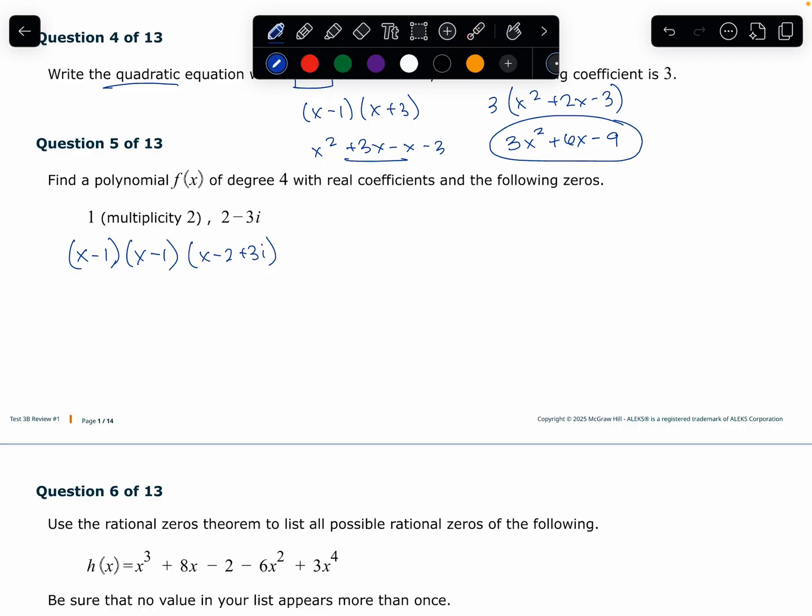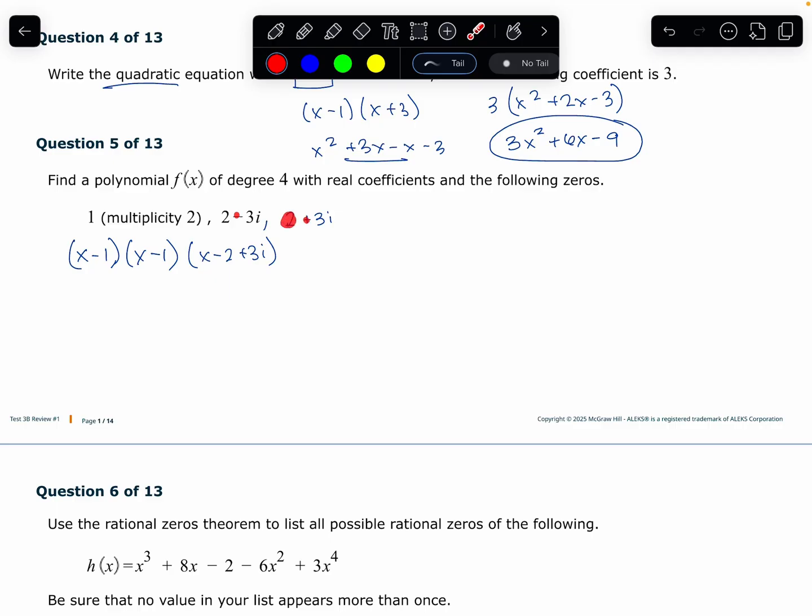And so technically there is another zero that they're not giving us, but what we know is true is that the conjugate of 2 minus 3i is just going to be 2 plus 3i. Conjugate means that you have the same number here, but the sign in between them is going to be the opposite sign given.